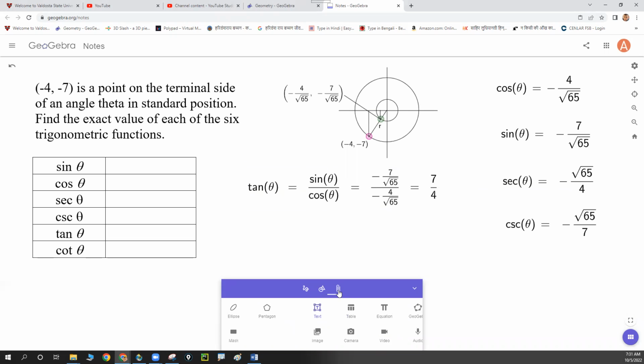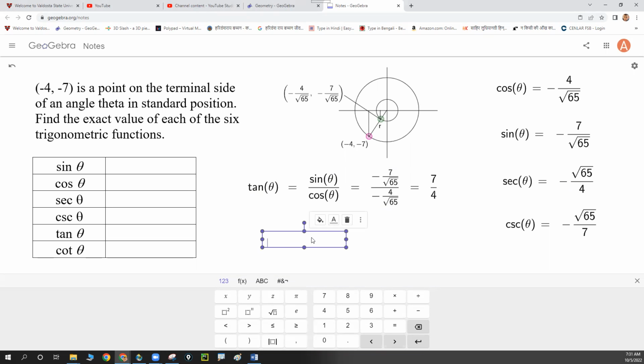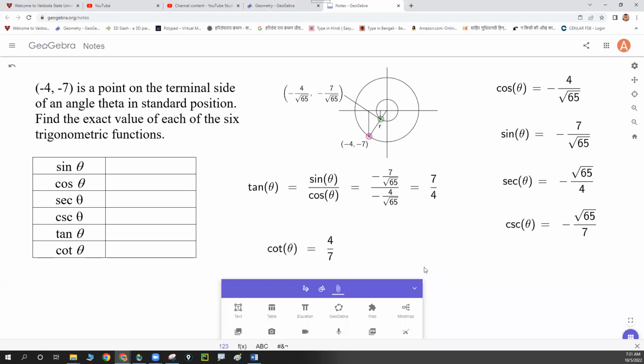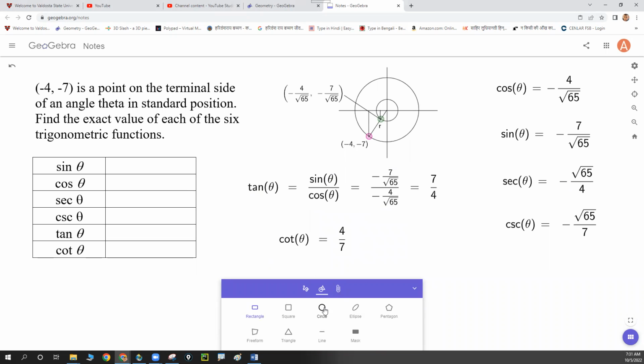And cotangent theta, of course, you can do it from scratch like we did. You can say cotangent theta is cosine over sine. Why would you waste your time? You can just say 4 over 7, the reciprocal of tan. We have them all. We have all the answers right here. Let's highlight the answers.